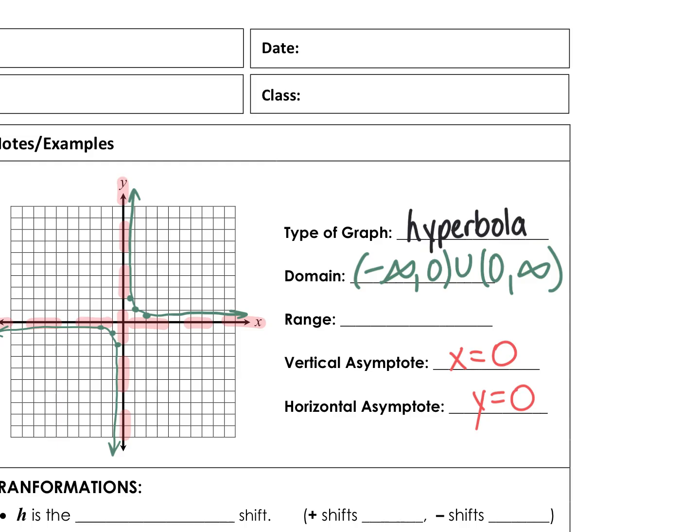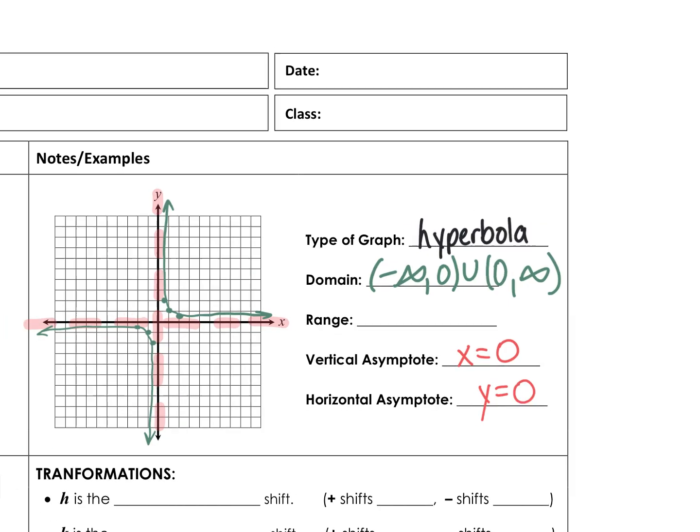If it's equal to, we use a bracket. So that's why this works. What I'm saying here is that domain goes from negative infinity to 0, stops at 0, does not equal 0, and then goes from 0 to infinity, again not ever equaling 0 because there's an asymptote. Are you with me?